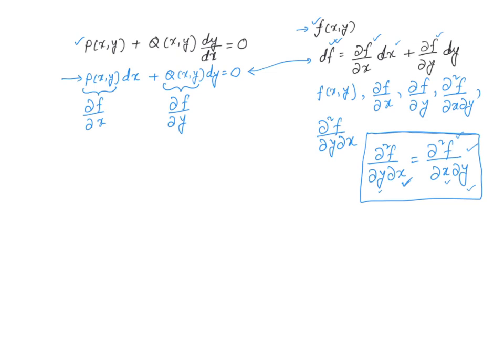Now let's go back to our original equation. If there exists some function f of x,y with the following properties, partial derivatives being continuous in an open region, then we conclude this.